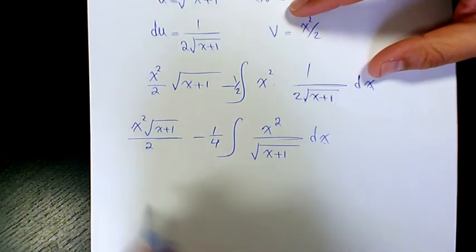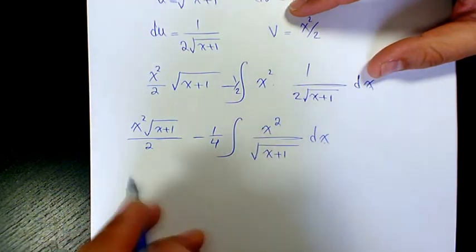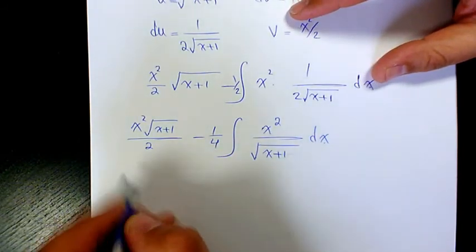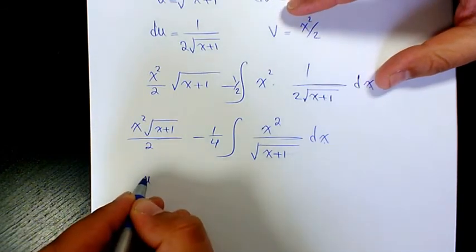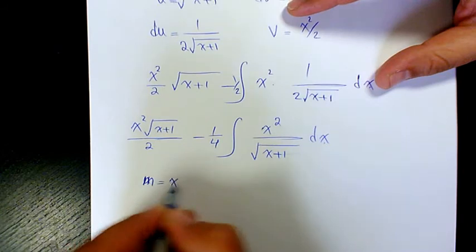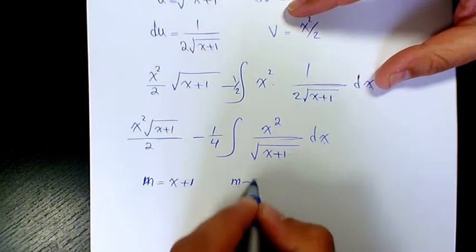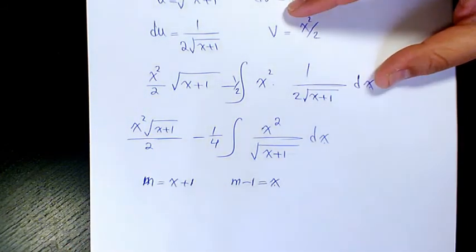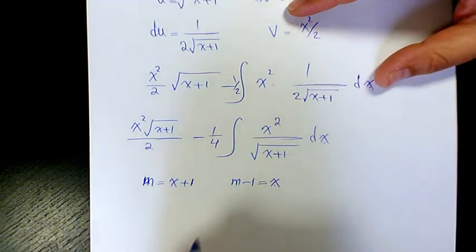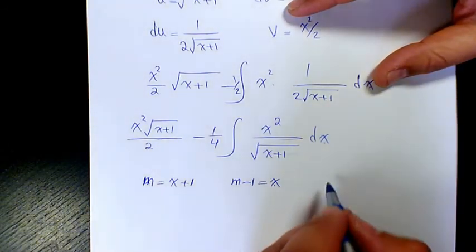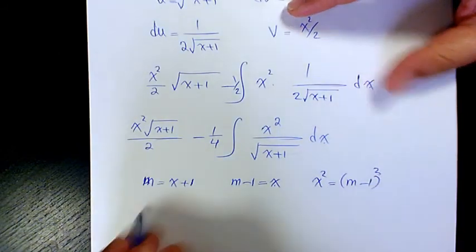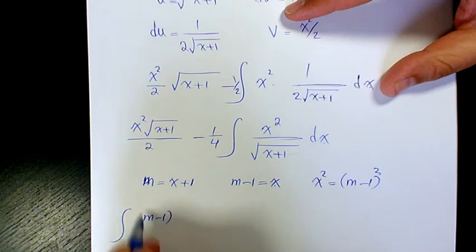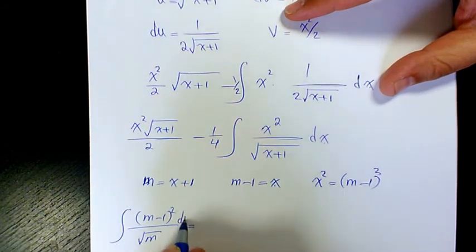Now what I can do is use this part by substitution. We used u already, so let's say m equals x plus 1. So m minus 1 is x, and x squared is going to be m minus 1 squared. So we have m minus 1 squared over root m dm.